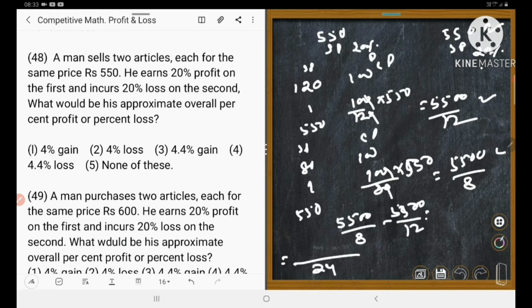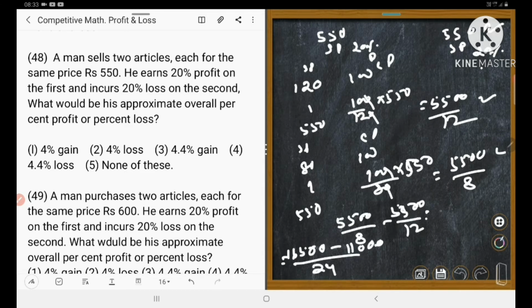3 into 5500 is equal to 16,500. Right. Minus 24 divided by 12 is equal to 2. 2 into this one is equal to 11,000.